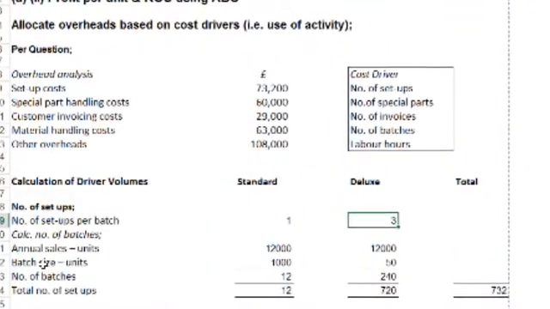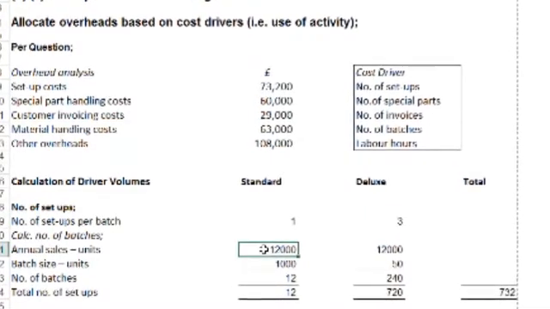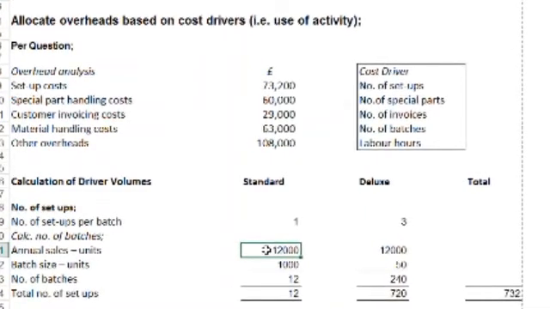We have been given that 12,000 units are to be sold for standard and 12,000 of deluxe. One standard batch is 1,000 units, while one deluxe batch is just 50 units.